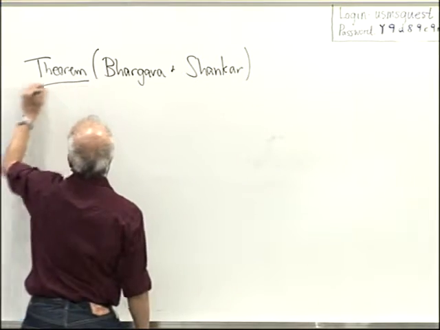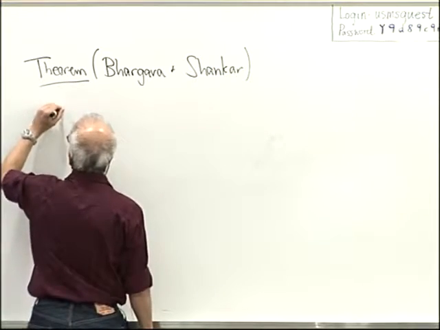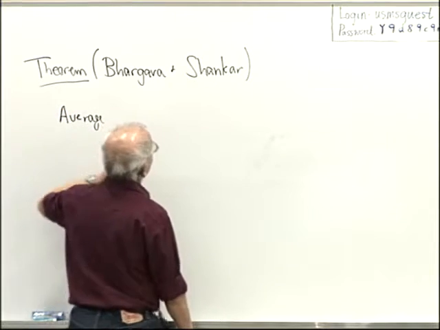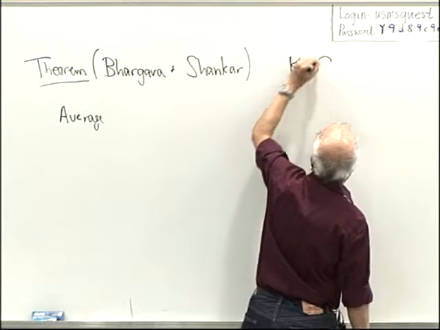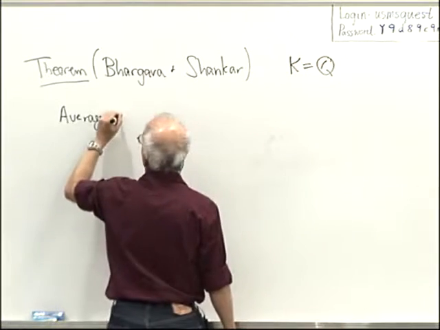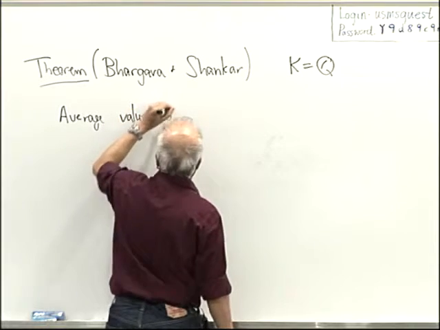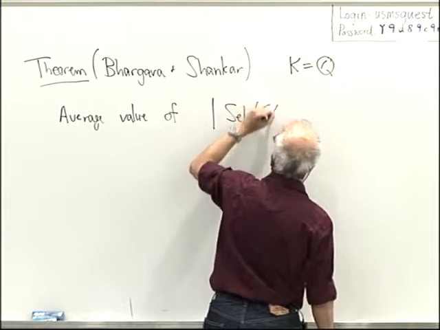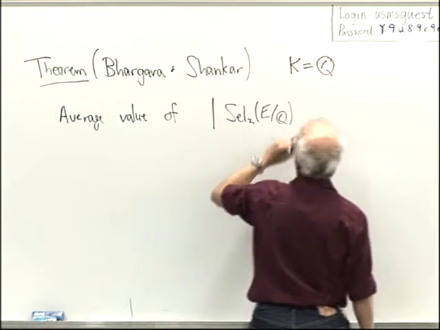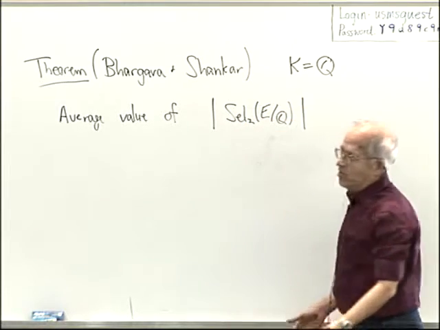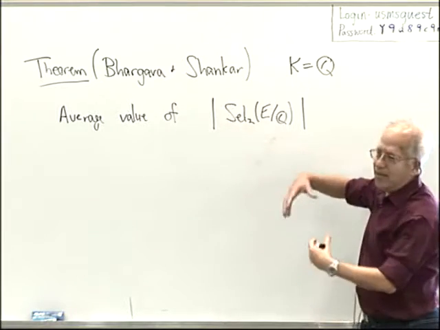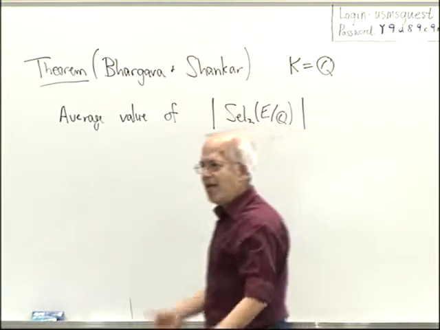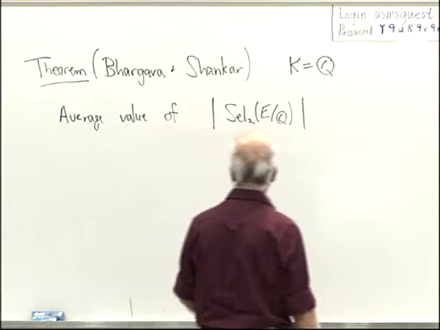And what they proved is that the average value of the order of the 2-Selmer group as E varies through elliptic curves over Q, with k equals Q. And average, now we're counting them by the height of the elliptic curve, just the heights of the coordinates of the Weierstrass equation.